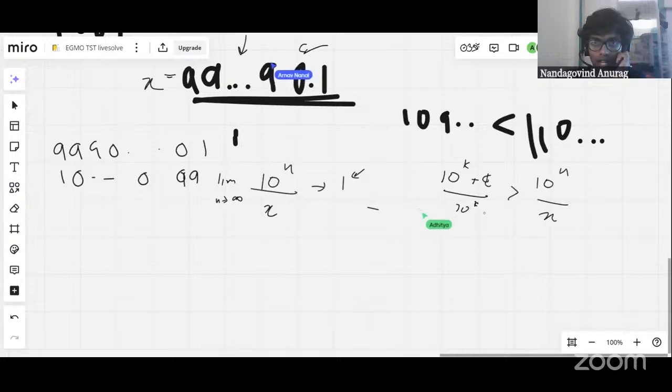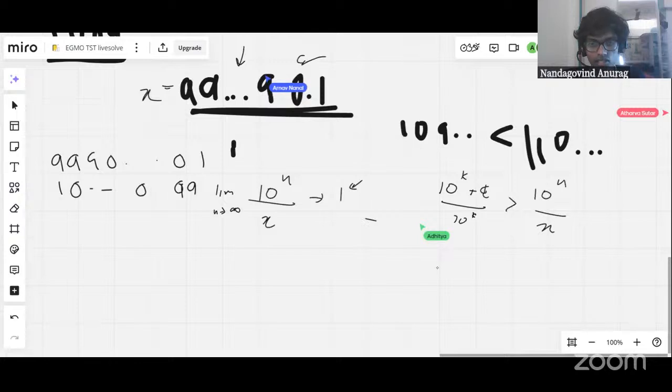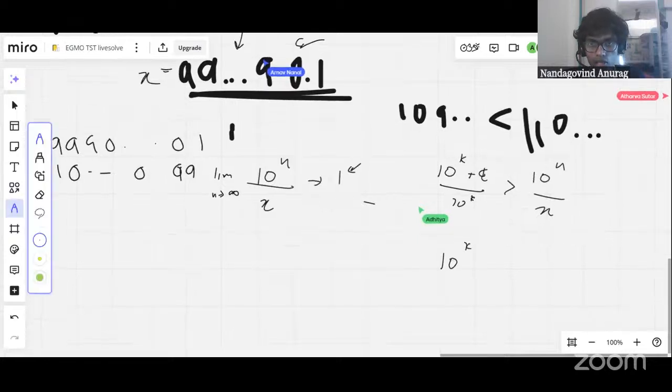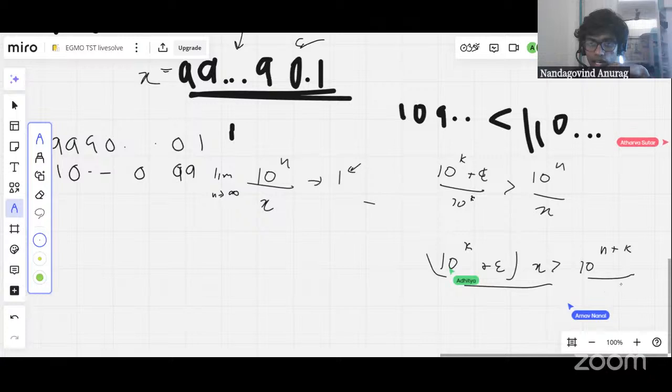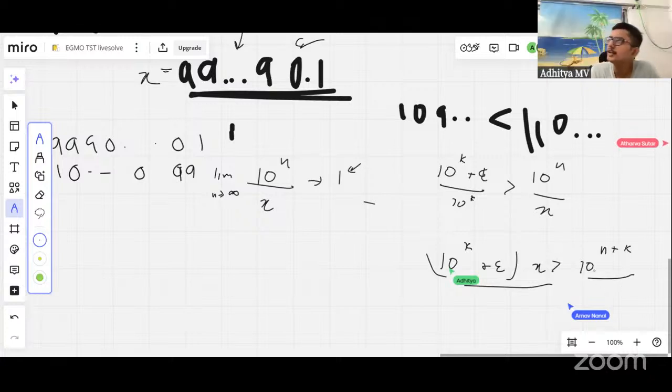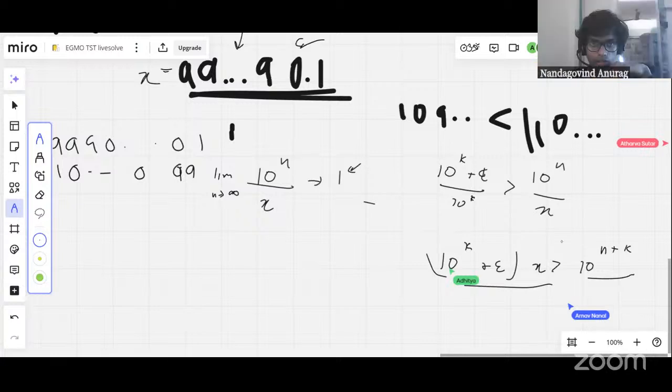Because this is completely ignoring b, but 10 power k plus epsilon times x is greater than 10 power n plus k. So this will mean that this will be an n plus k plus 1 digit number. Yeah, that should be fine.